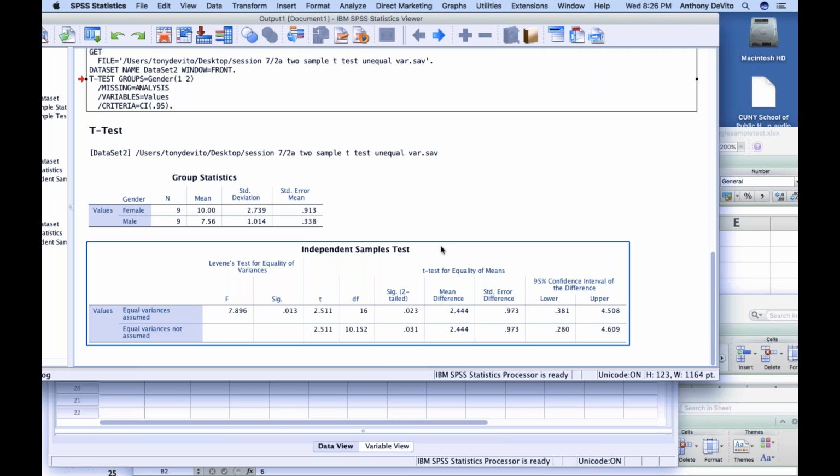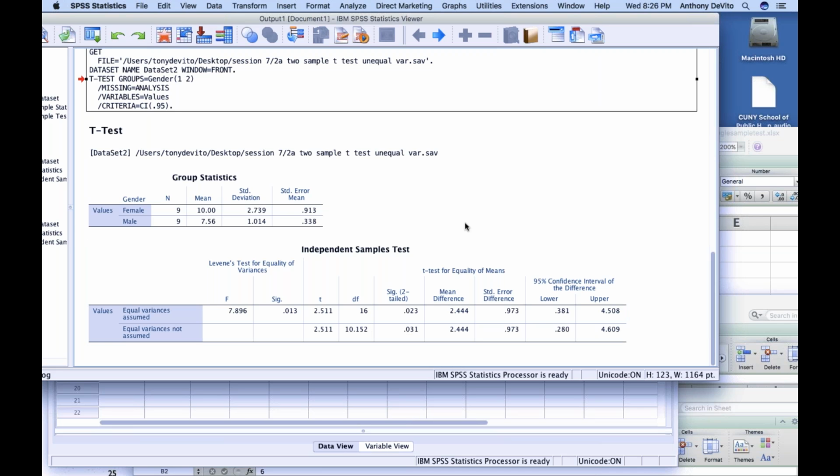Right? So I think we're starting to get a handle on how we use this t-test, but imagine what we've learned now. What we've learned now is that if we're working with a numerical variable, blood pressure, we want to compare the blood pressure of one group to another group.